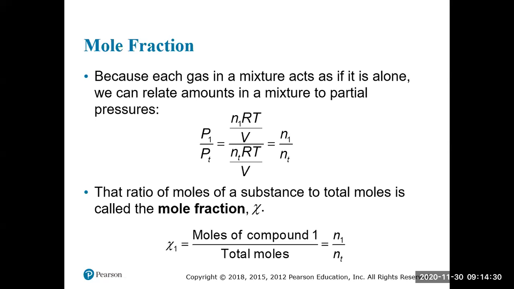So it becomes pretty simple. This relationship of moles of one compound versus the total moles is called the mole fraction. So this N1 over NT, the number of moles of one particular gas divided by the total moles, that's known as the mole fraction.